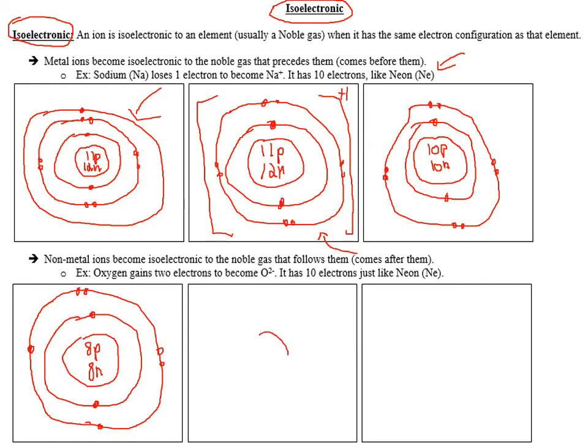Its proton number and neutron number are going to remain the same because those never change. All we're going to do here is add the 2 electrons as x's.